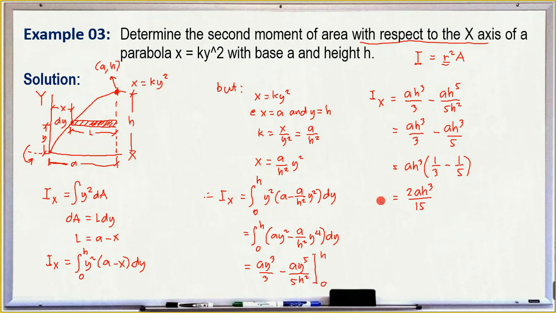And this is our final answer. That is the moment of inertia, or the second moment of area of this parabola with respect to the x-axis. So this is how we find the second moment of area by integration.